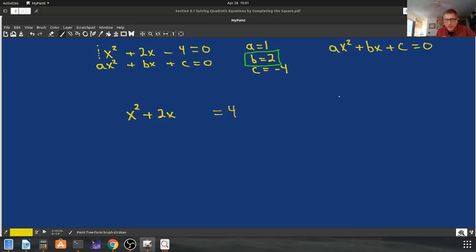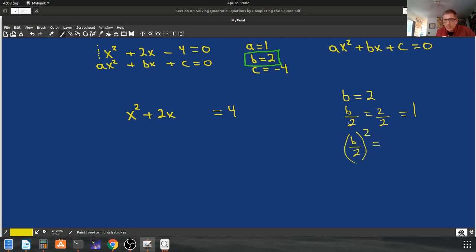So over here on the side, I'm going to note my b value. My b value is equal to 2. So then I'm going to compute two more values. B divided by 2, which is 2 divided by 2, which is equal to 1. And b divided by 2 squared.